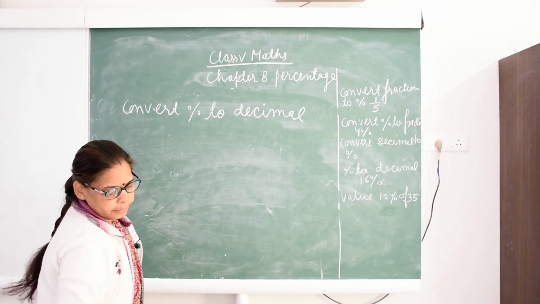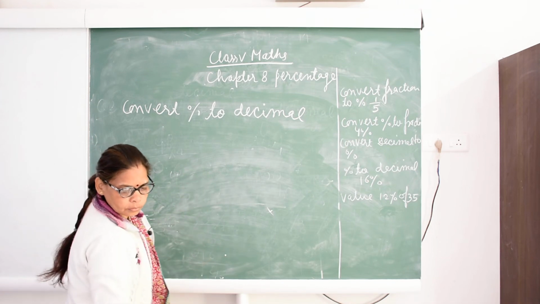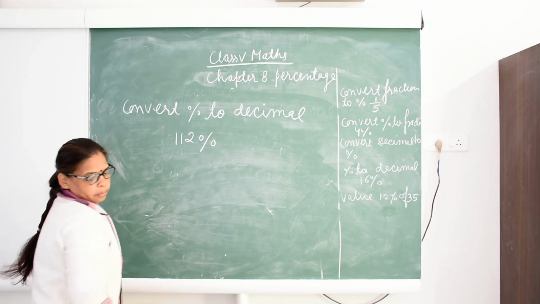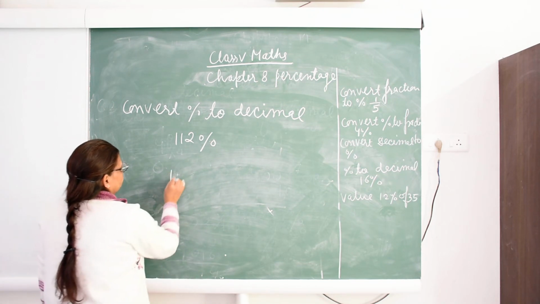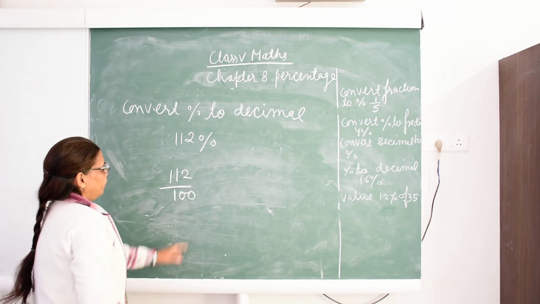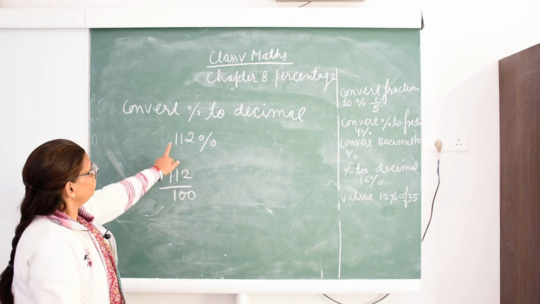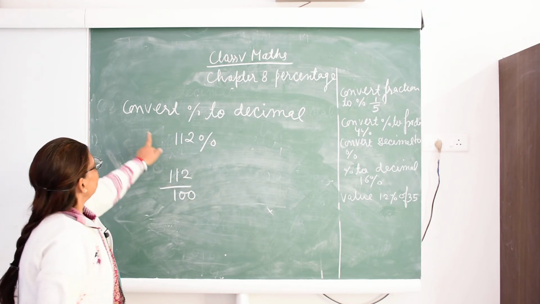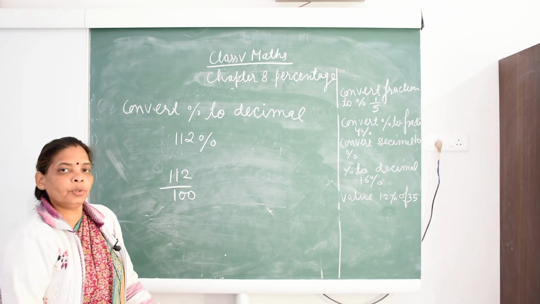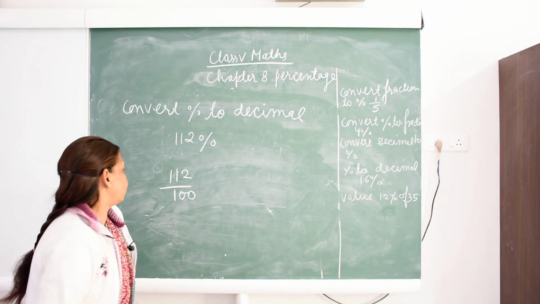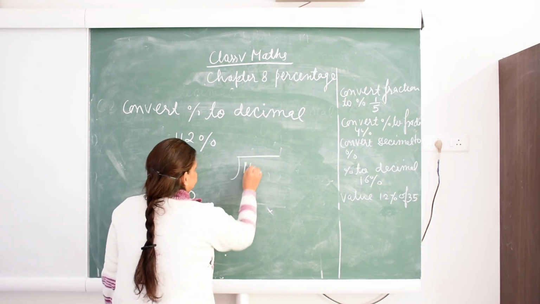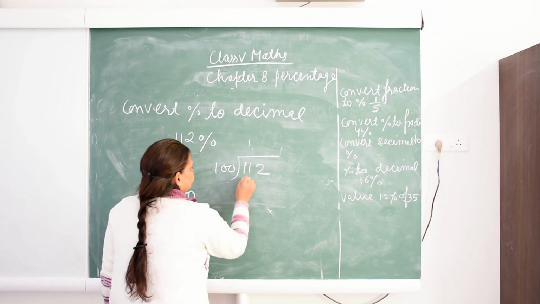Now one more example. 112% upon 100. Here no need to multiply with 100 because the percentage is already given here. When the percentage is not given here, then you have to multiply with 100%. So divide it. 100 ones are 100.